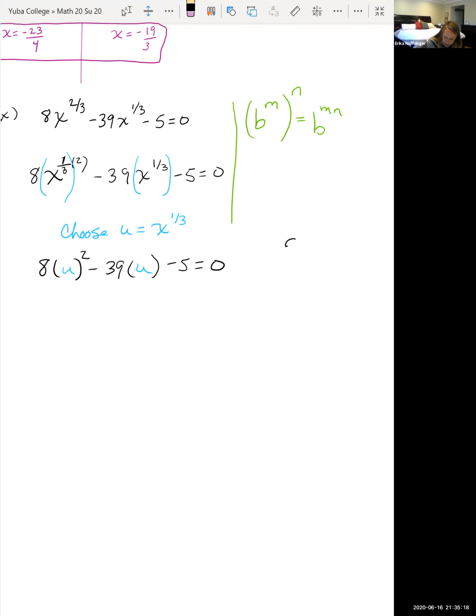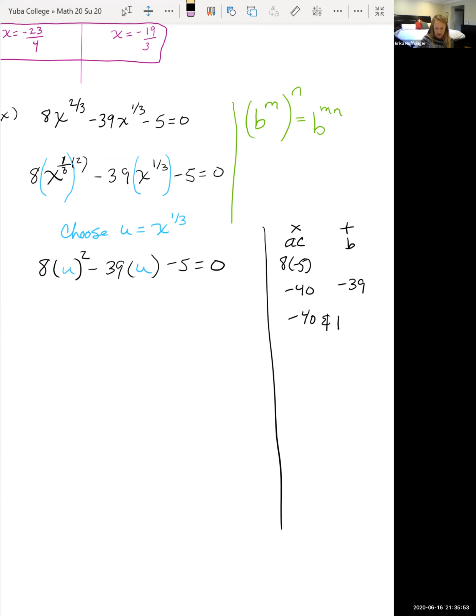So that's 8 times -5. Multiplying that together gives you -40. So you're looking for two numbers that multiply to give you -40, but add to give you your b value, which is -39. I know two numbers that multiply to give me -40 are -40 and 1, and if I added them together, they would give me -39.